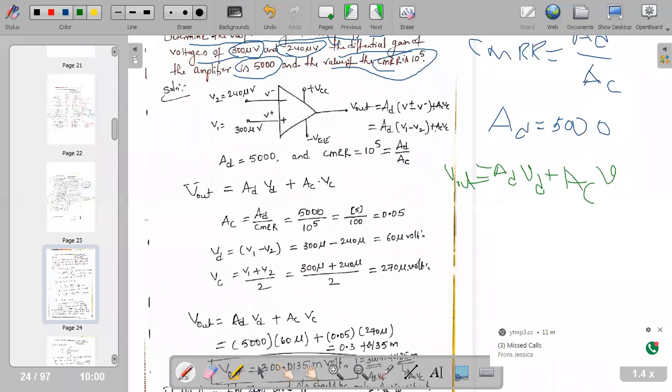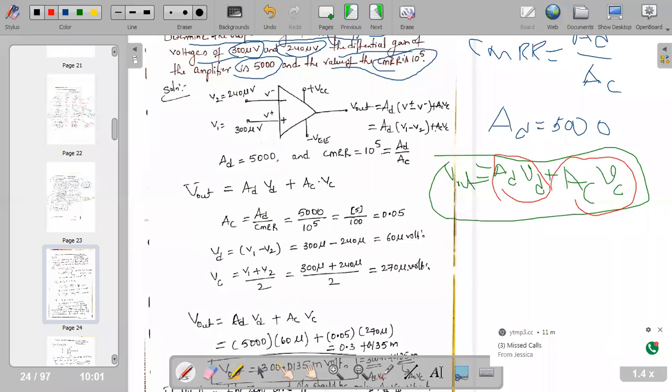This is the generalized output, but most of the time we consider only the first term, AD into VD. We neglect AC into VC because AC is very small compared to AD. But in this problem, we can see the values of AD and AC and the output contributed by the differential gain and the common mode gain. You can understand this better from this example.